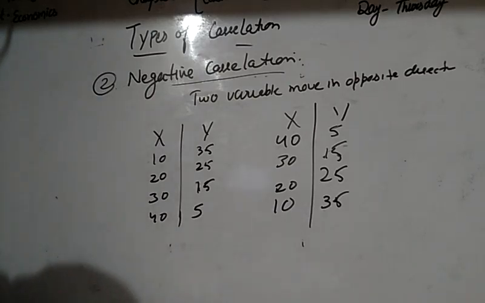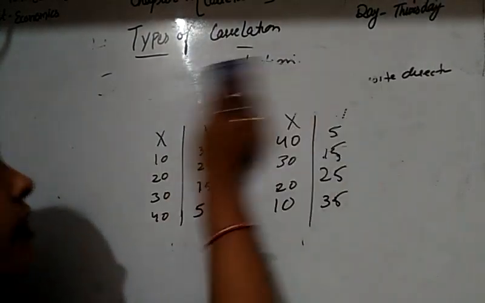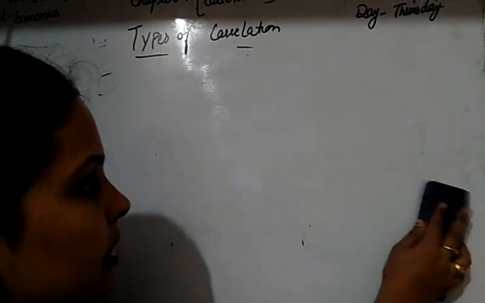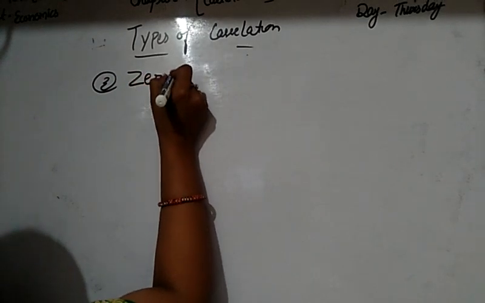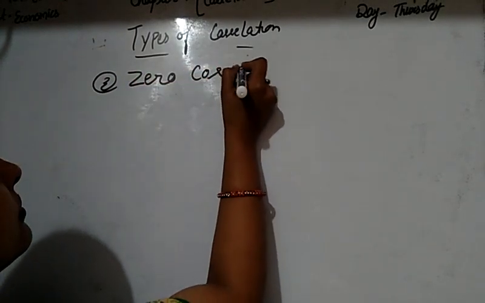Next is zero or no correlation. So zero or no correlation is when a change in one variable does not affect the other variable. Okay, so the third is zero correlation.